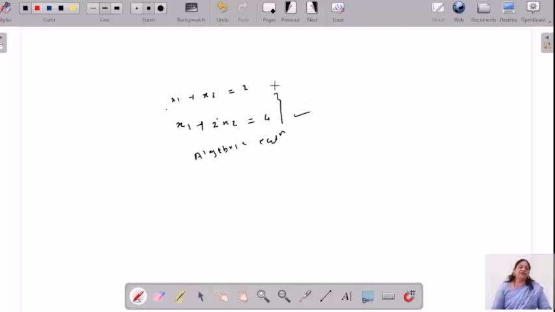And if the number of variables is equal to the number of equations, then you can also say that the given equations have a unique solution.